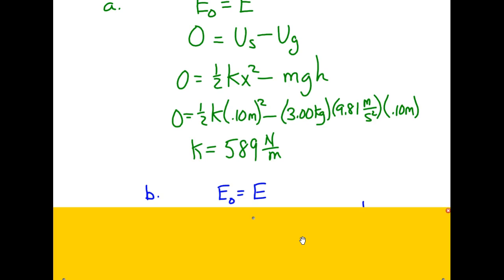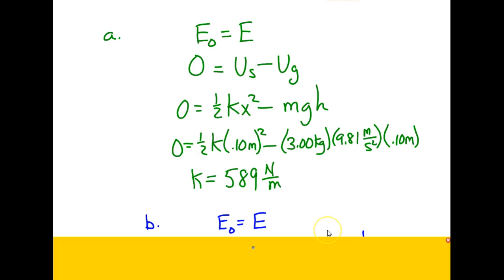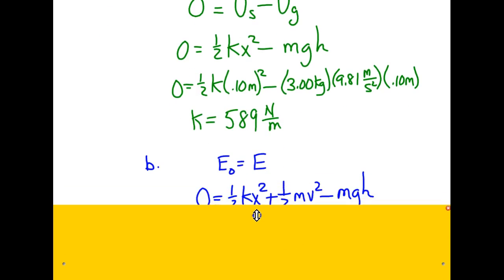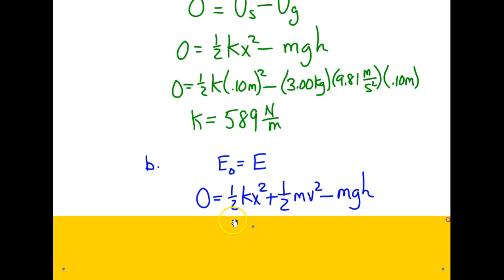But in the final state, which is 5 centimeters below the drop point, the spring is stretched 5 centimeters. We have a loss of gravitational potential energy, 5 centimeters below the base level, and our object is moving, so we also have kinetic energy. That would be reflected here in our elastic potential energy plus our kinetic energy minus our loss of gravitational potential energy in the problem.